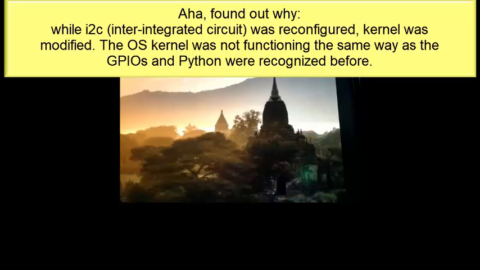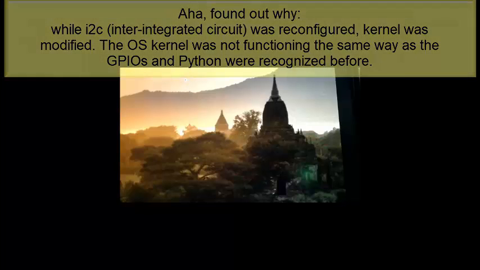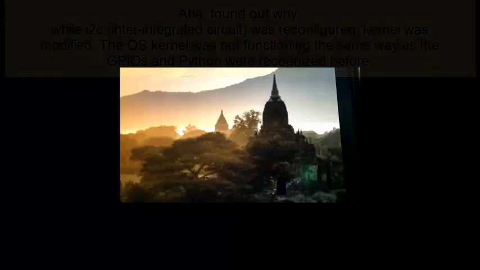Why was the kernel modified? The kernel of the operating system was modified due to the attempt that I tried to set up I2C tools. What is I2C? It is called IIC, integration circuits.